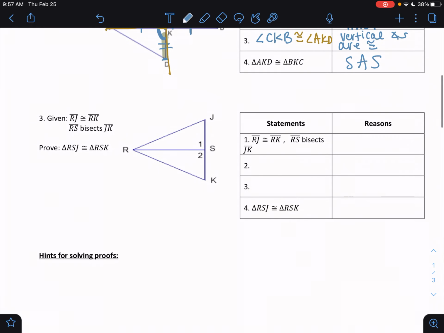Okay, let's look at number 3. So this one we have to come up with 2 statements on our own. So again, the first one is given. And we're going to go ahead and mark what they tell us. So we have that RJ is congruent to RK, and that RS bisects JK. So right here, it's bisecting this line, again, so it's cutting it in half.